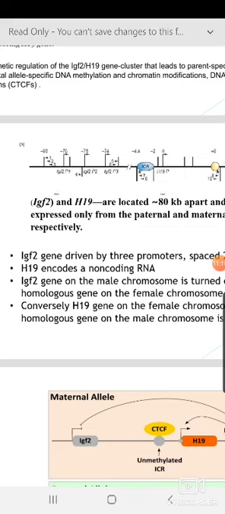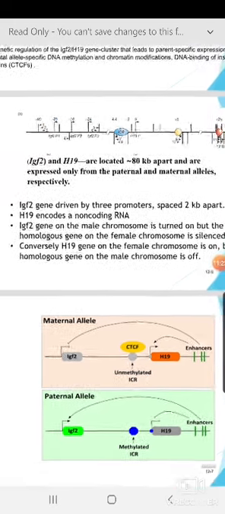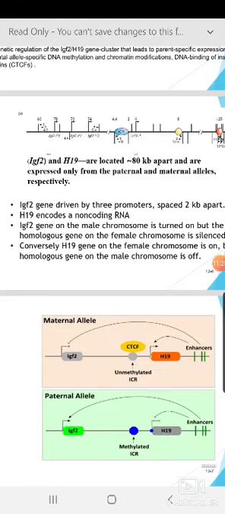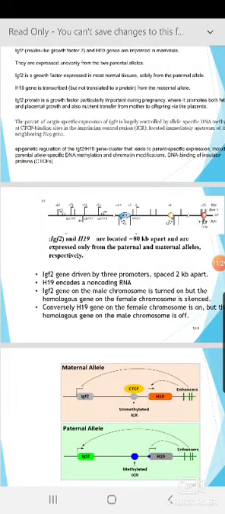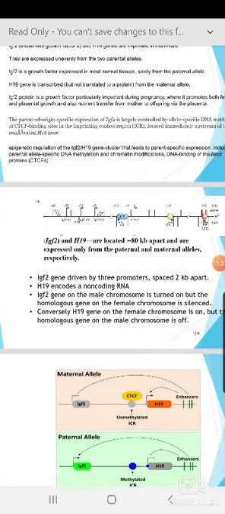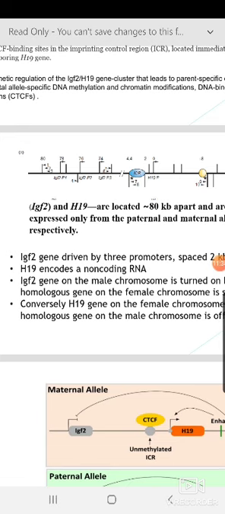Very crude way to say it. Now, a little bit of information. The IGF2 gene is driven by 3 promoters, which I have shown here 2 kb apart. On the left-hand side you see the 3 promoters, and then the gene. H19 encodes a non-coding RNA, meaning from the H19 gene you get an RNA, but we would expect an RNA to be translated to a protein. That is not happening here.